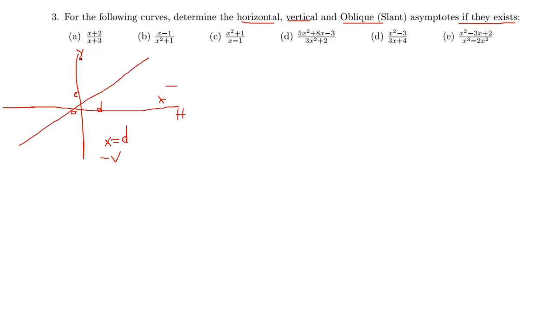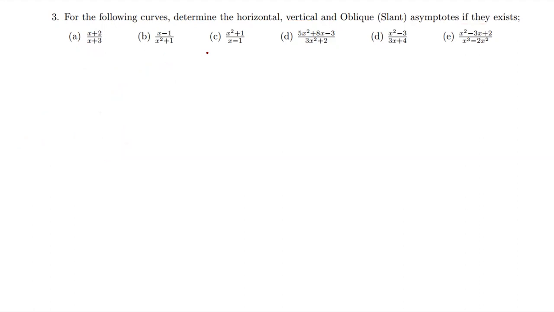Sometimes your curve is moving like this, and there's also another one moving like this. That is the slant asymptote. So since we now know what a slant, horizontal, and vertical asymptote is, we can start finding them.